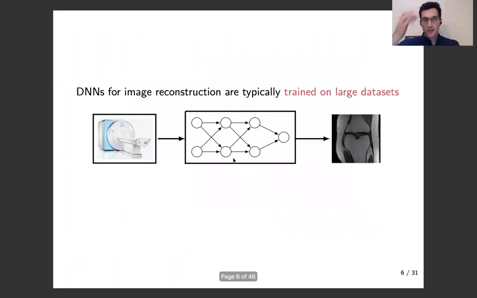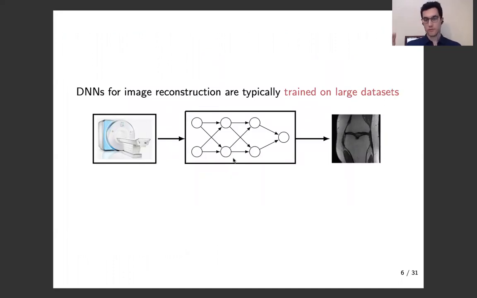The way these things typically work is they train a neural network end-to-end on some large data set. For example, in the MRI case, the network is trained on mapping a measurement from the MRI scanner to a clean image.